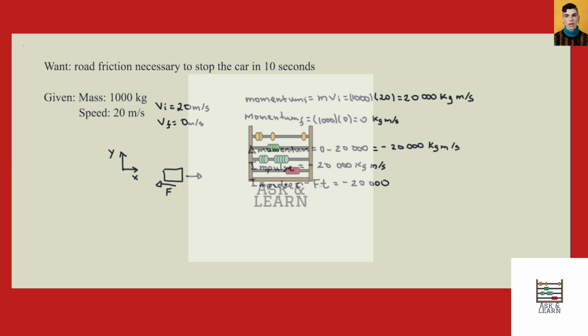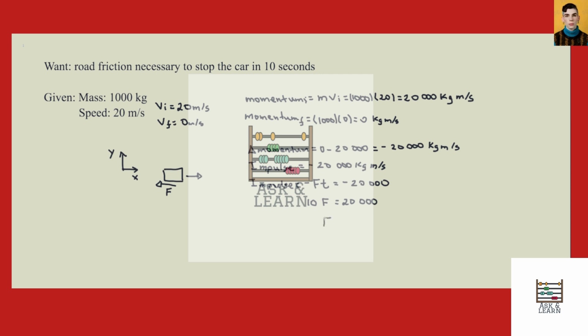So if we just equate this, we can cancel out both negatives, and the time is 10 seconds. So 10 seconds times the force is going to be equal to 20,000.